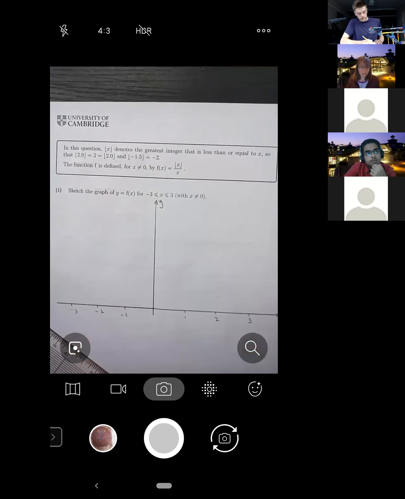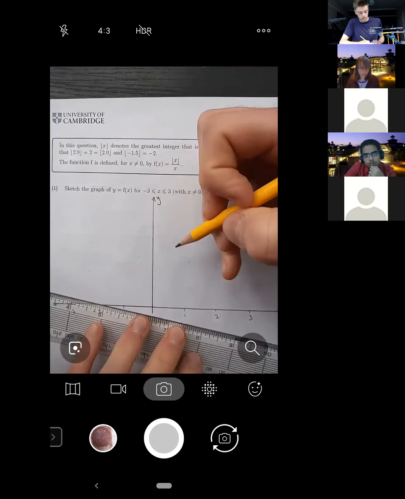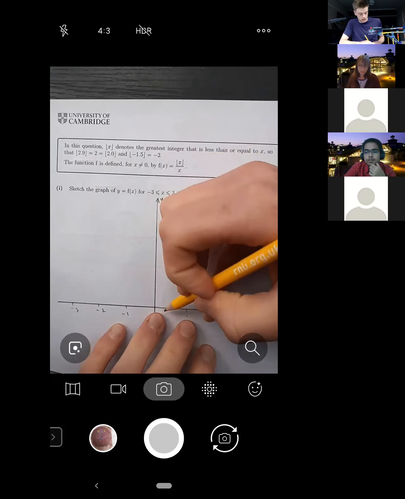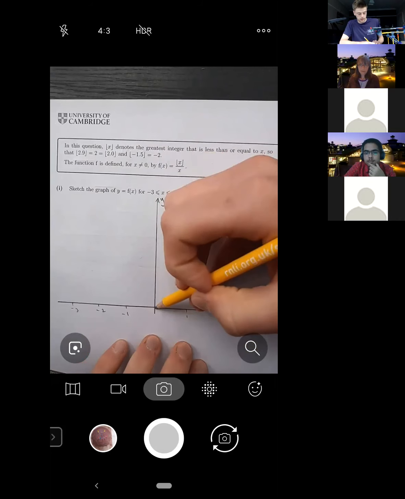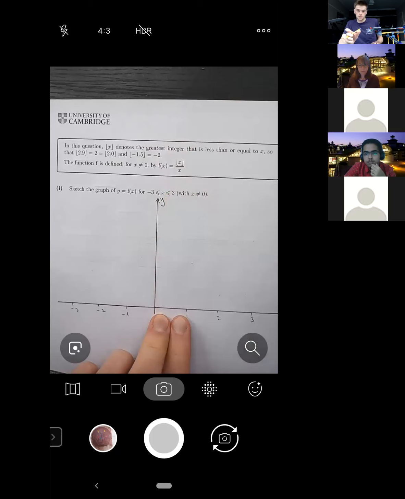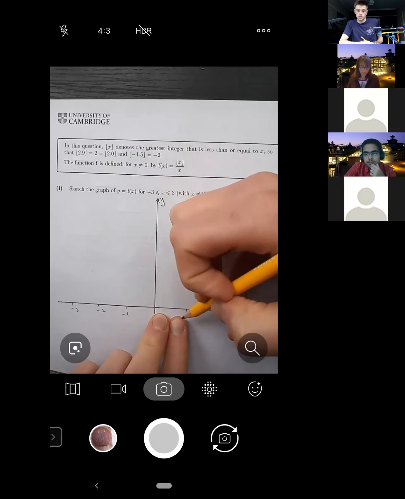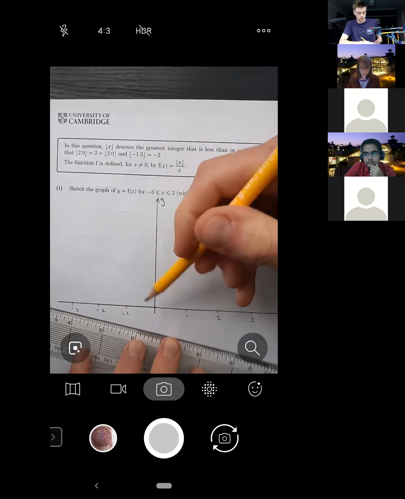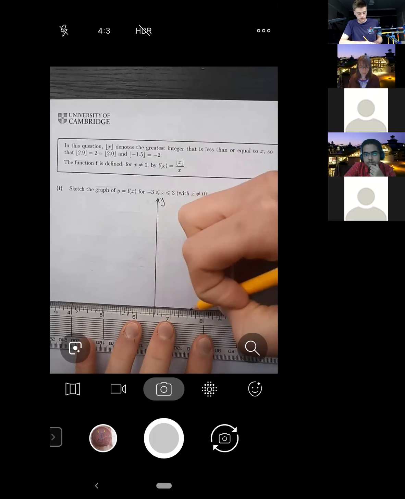Okay, so first let's just think about maybe the simplest interval to think about, which is 0 to 1. We're not going to be taking the point at 0 because it's not defined there, but for all the points in between 0 and 1, the floor of that number is just going to be 0. So it's going to be 0 over some number, so our graph is 0 here.